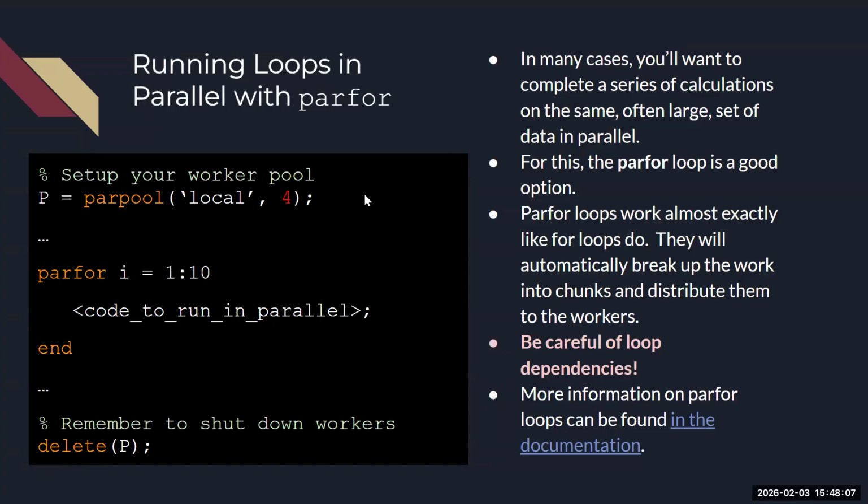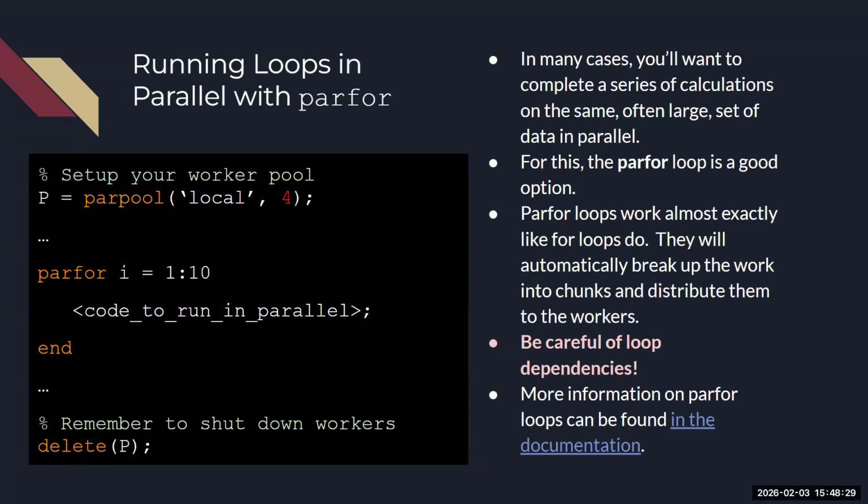This is by far going to be one of the biggest workhorses for parallel computing that you'll use outside of the automatic parallelization. It works exactly like a for loop in that you say I want to go from i equals 1 to 10. That can be an index, and then everything within that for loop will be run in parallel.